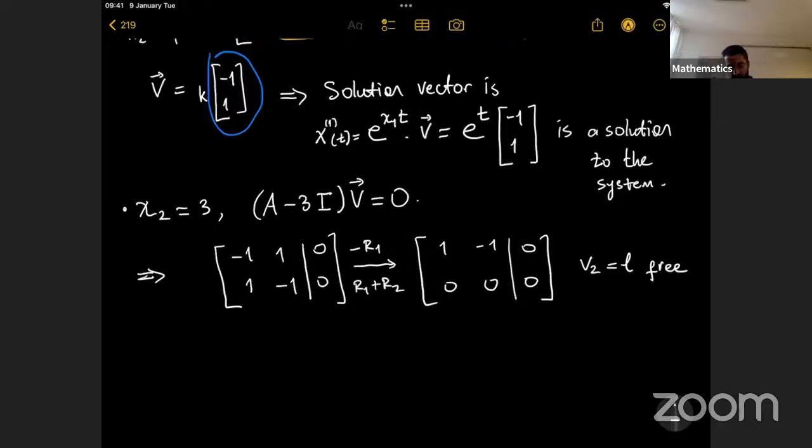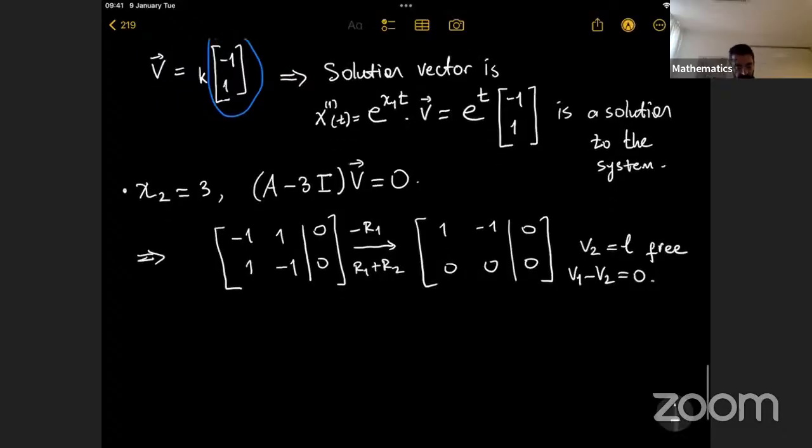And v1 minus v2 is equal to 0. So the solution is v1 is equal to v2, that is v1 is L, v2 is L, so we get L times (1, 1).